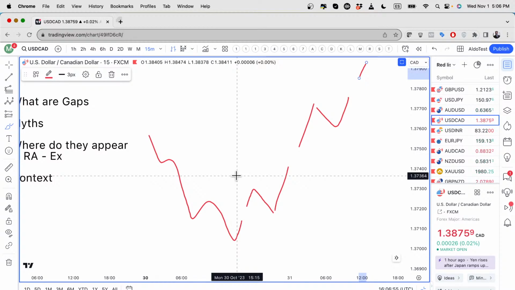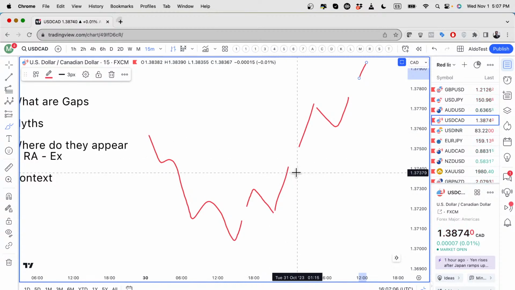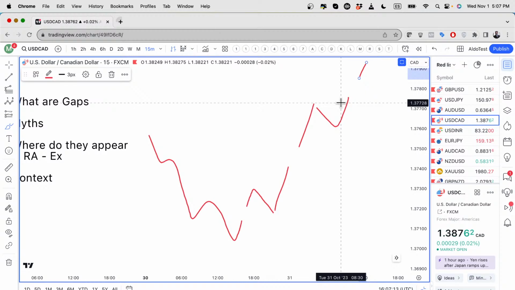So basically, you will find three types of gaps. The breakaway gap; the one in the middle of the trend, typically called the acceleration gap, or also runaway gap; and then the last gap in the trend, which is called the exhaustion gap. The exhaustion gap appears right before the trend, in this case the uptrend, ends.